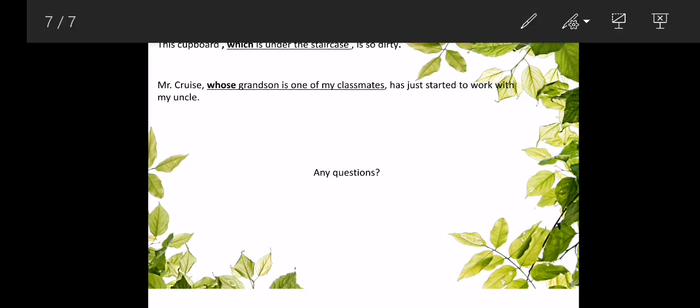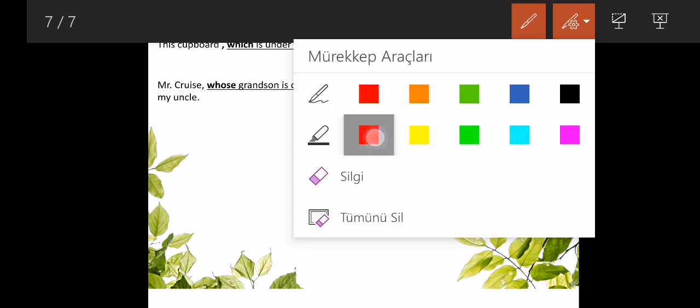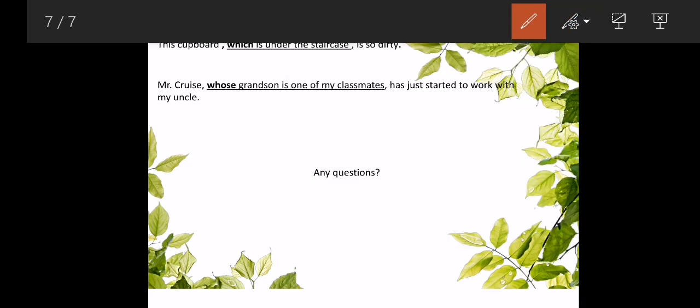Okay, another slide. Another example: "This cupboard, which is under the staircase, is so dirty." This is the main sentence: "This cupboard is so dirty." And if I want to add extra information, for example, which cupboard? Where is this cupboard? Maybe the color of the cupboard.